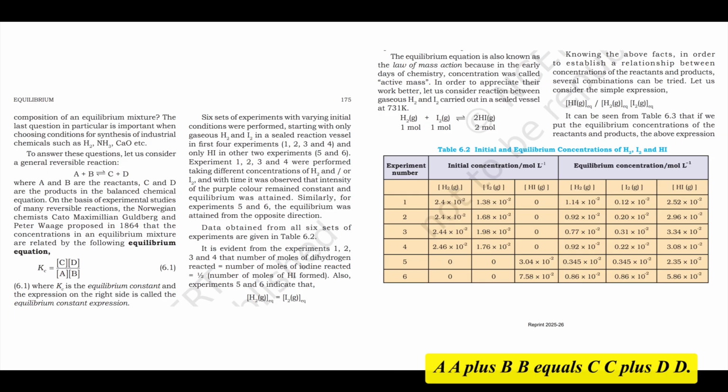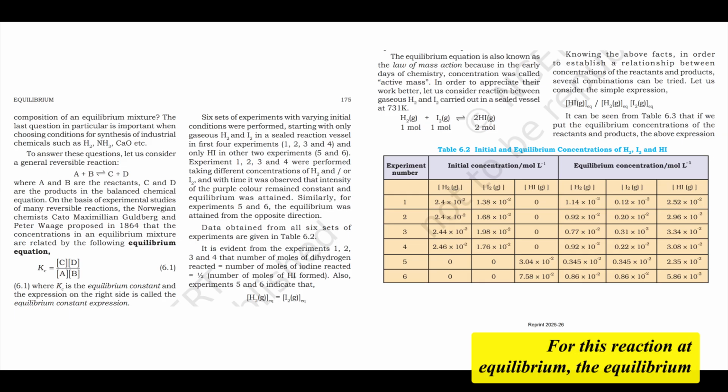Right, let's write that general reaction. aA + bB = cC + dD. For this reaction, at equilibrium, the equilibrium constant, which we usually denote as Kc, is expressed as a ratio. It's the product of the equilibrium concentrations of the products, each raised to the power of its stoichiometric coefficient, divided by the product of the equilibrium concentrations of the reactants, each raised to the power of its stoichiometric coefficient.